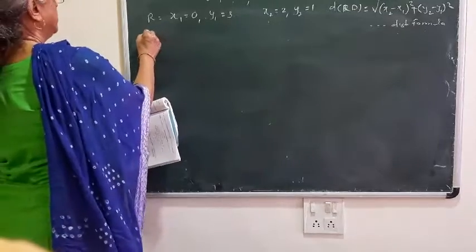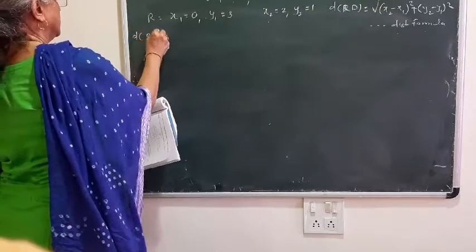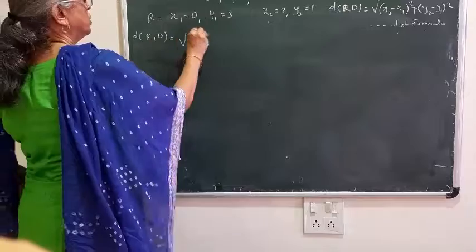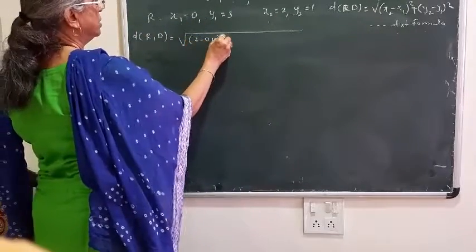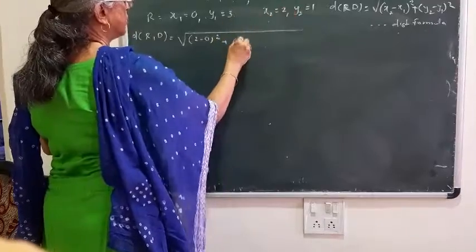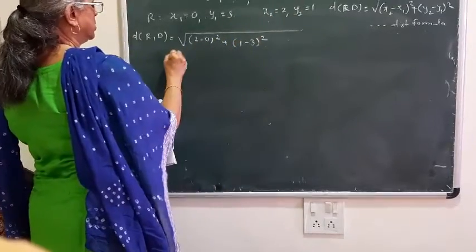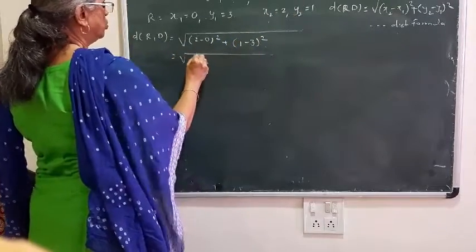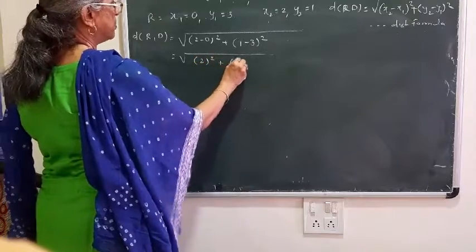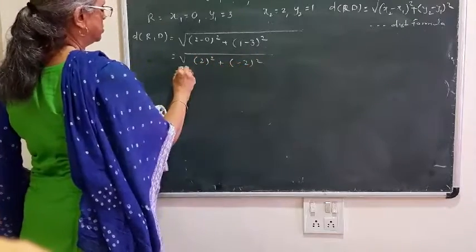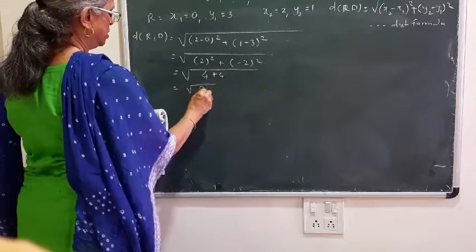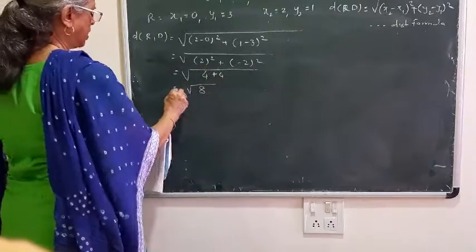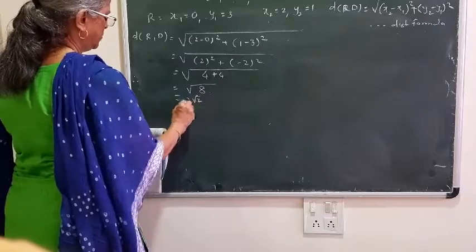So we have RD is equal to root of (x2 minus x1) square plus (y2 minus y1) square. So that will be 2 square plus minus 2 square. So that will be 4 plus 4, that will be root 8, or you may write it as 2 root 2.